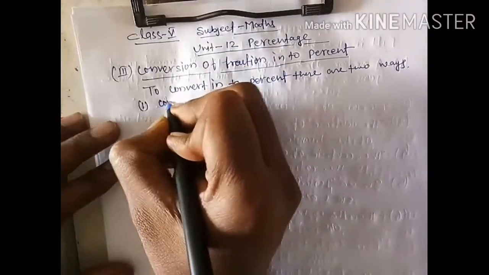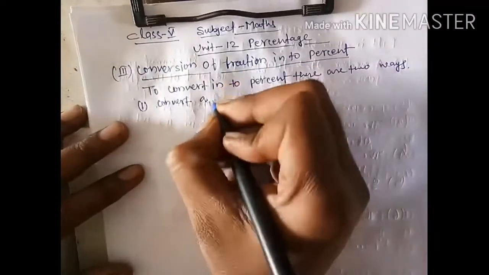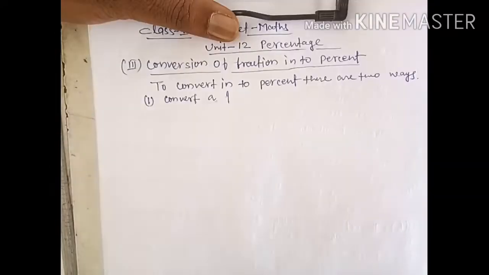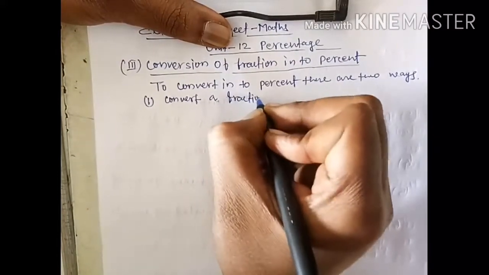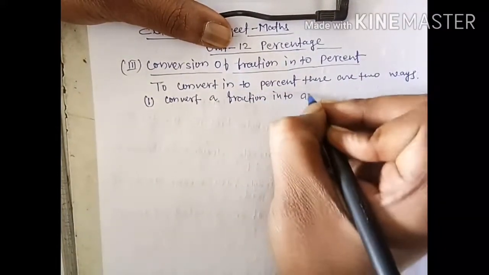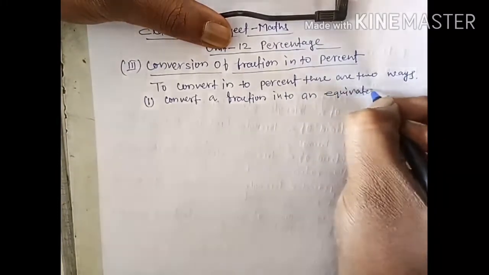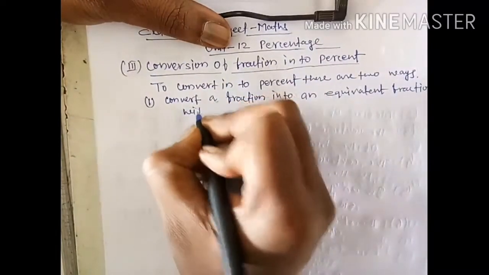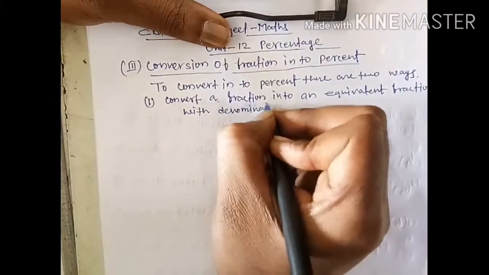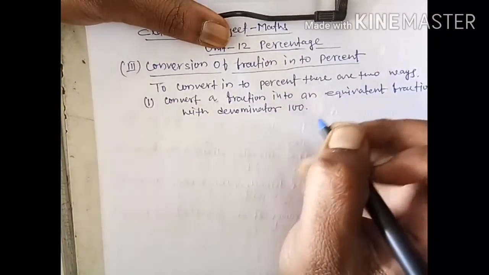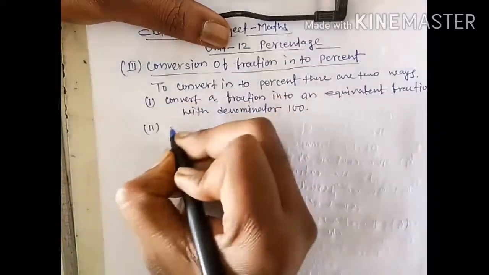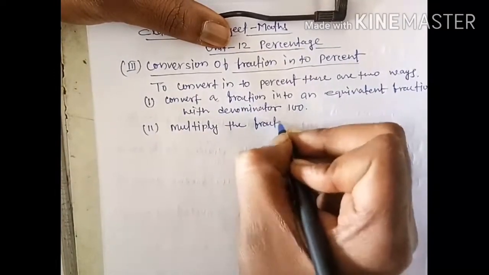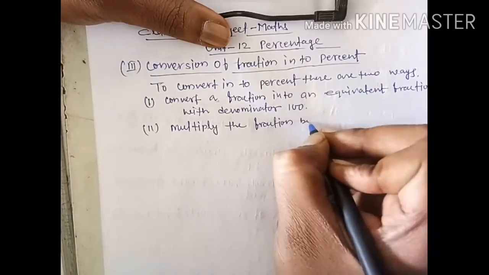First is convert a fraction into an equivalent fraction with denominator 100, and second is multiply the fraction by 100.